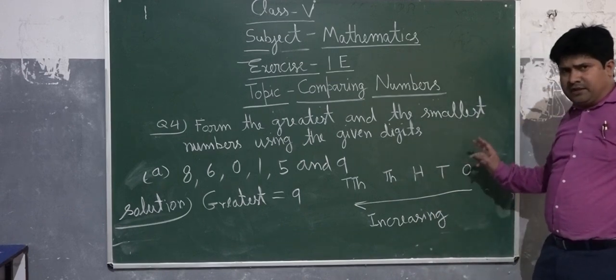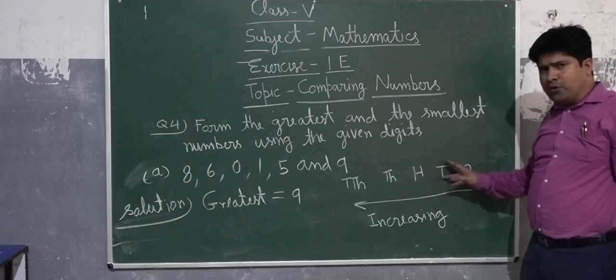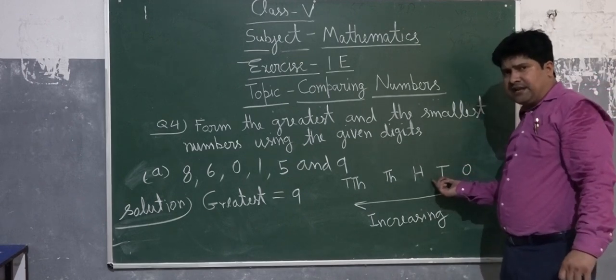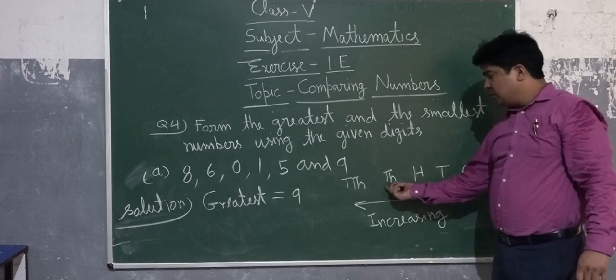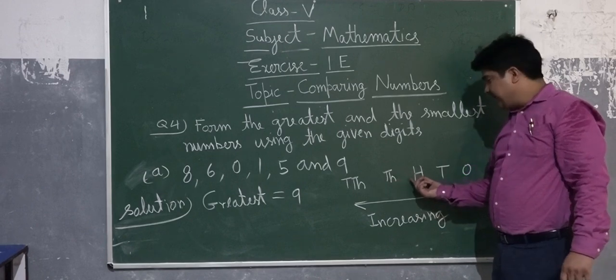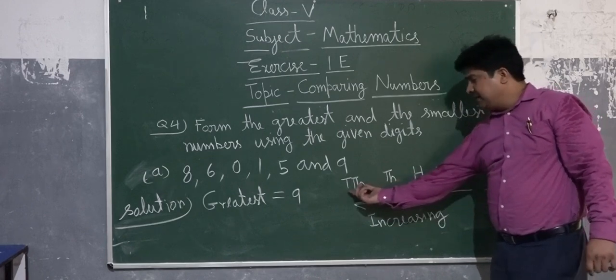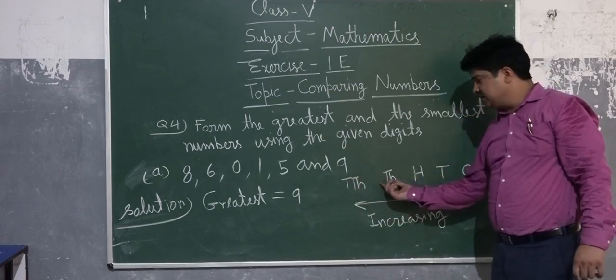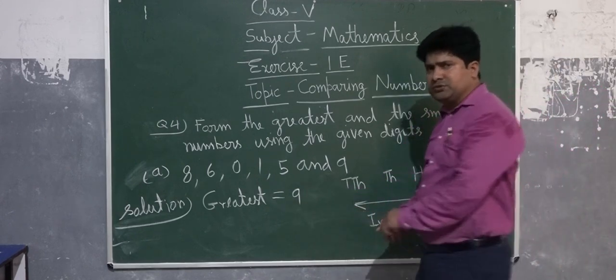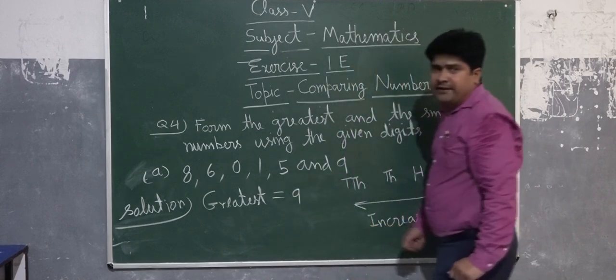Ones place has less value, tens have 10 times more than ones, and hundreds have 10 times more than tens. Thousands value is 10 times more than hundreds, and ten thousands value is 10 times more than thousands. So if we place the greatest number in the leftmost place, the number is greater.